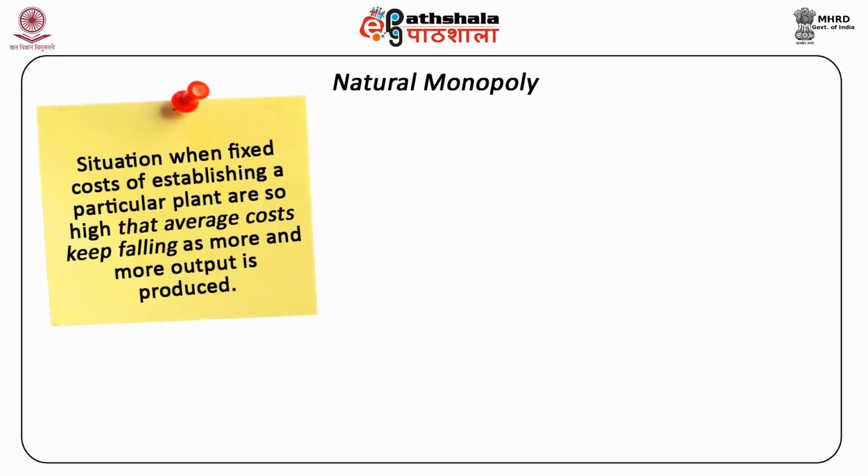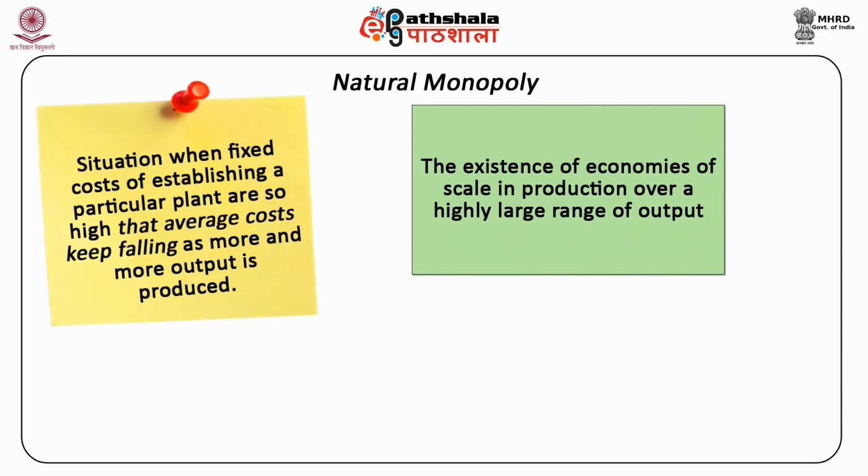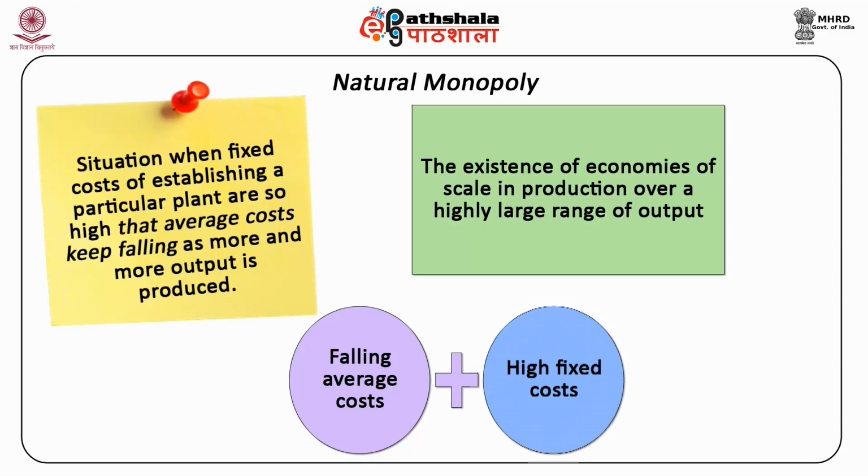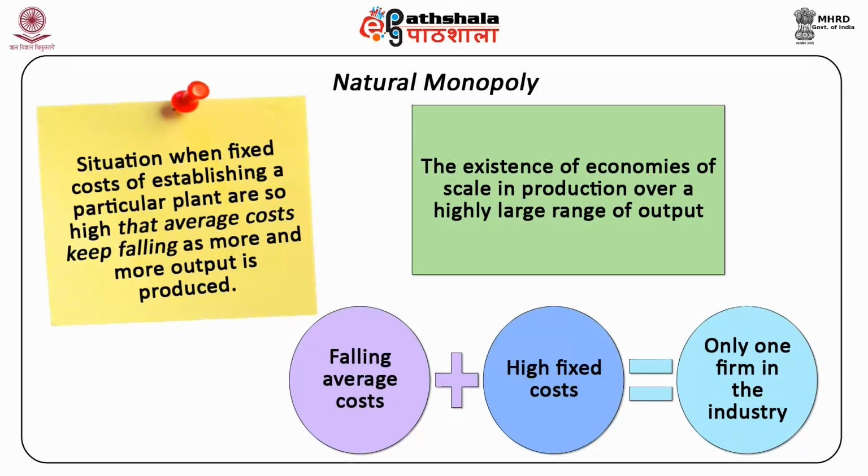These falling average costs are also termed as the existence of economies of scale in production over a very large range of output. These falling average costs and high fixed costs make it both necessary as well as desirable to have only one firm in the industry rather than more firms.